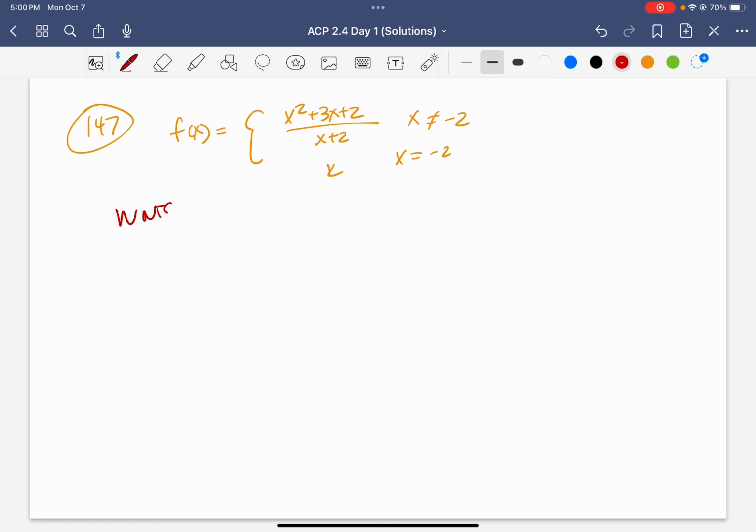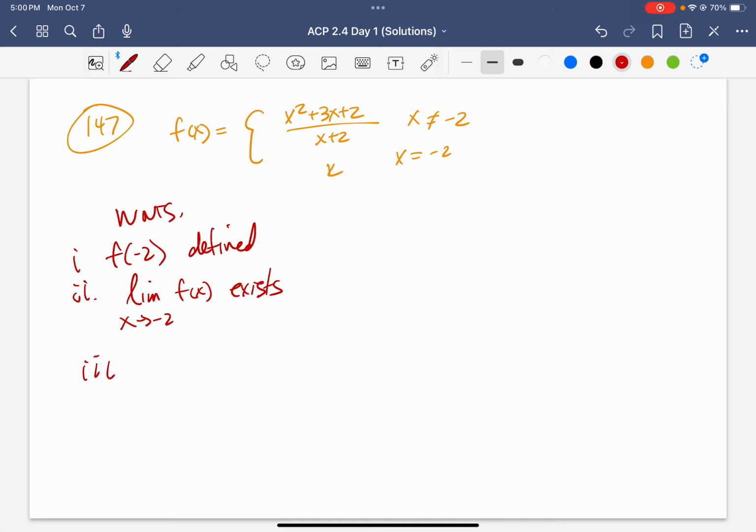So we need to show first that f of -2 is defined. So what is f of -2? And then we're going to show that the limit as x goes to -2 exists. And then 1, 2, 3, we're going to show that the limit as x goes to -2 is equal to f of -2, right?